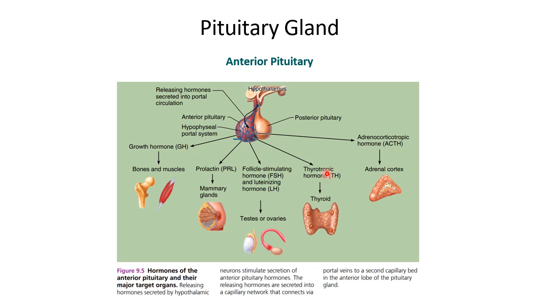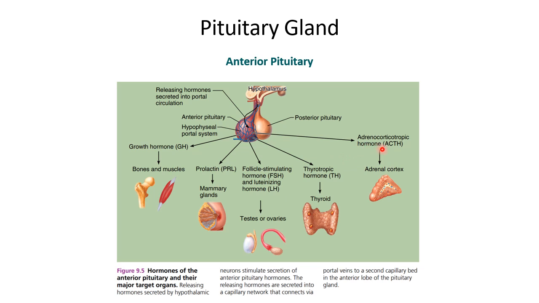Thyrotropin goes into the thyroid gland and stimulates the activity of the thyroid follicular cells in synthesizing thyroid hormone, which are T3 and T4, triiodothyronine and tetraiodothyronine.